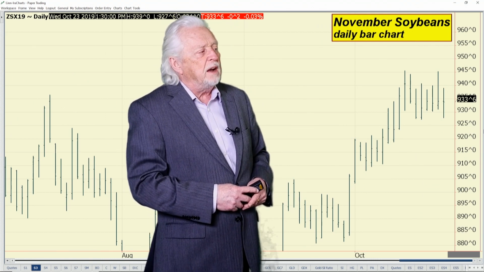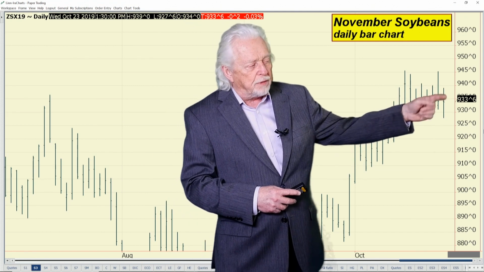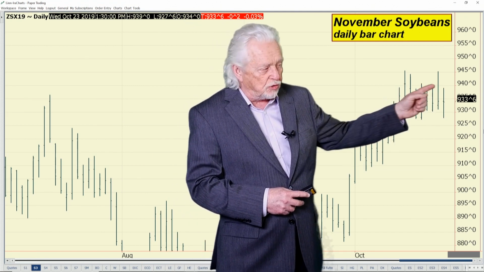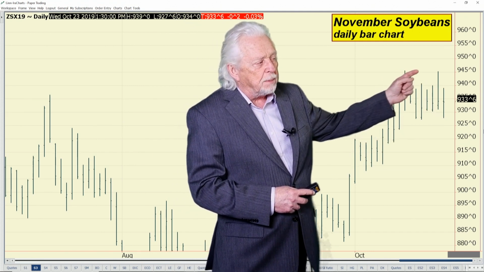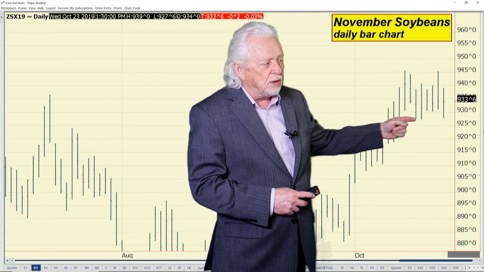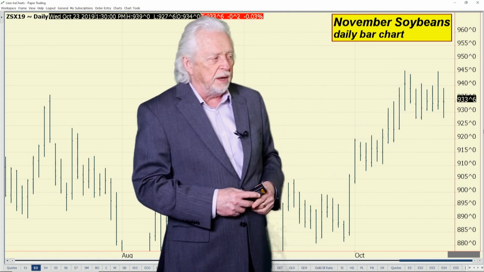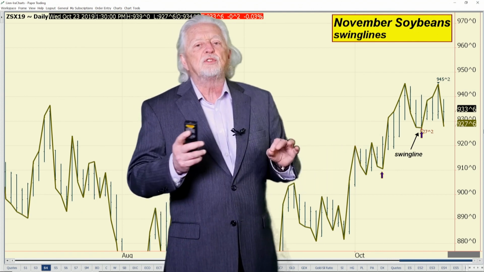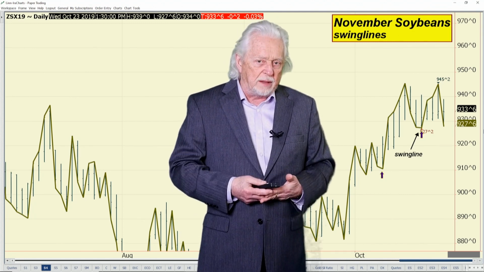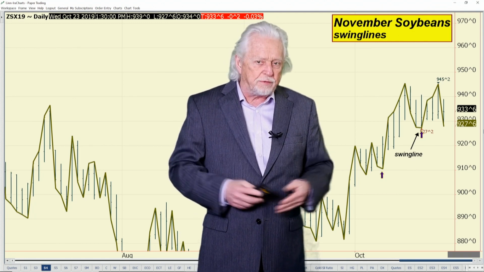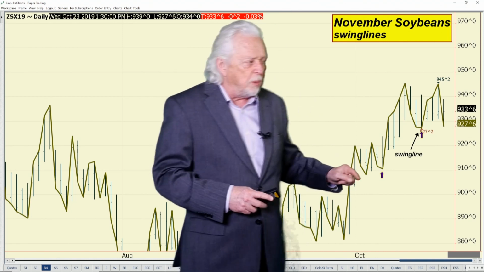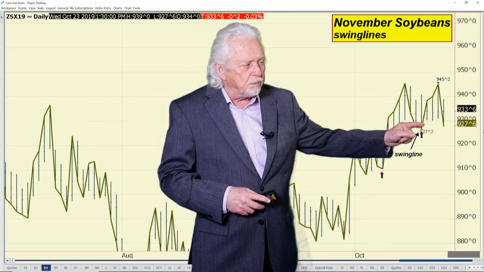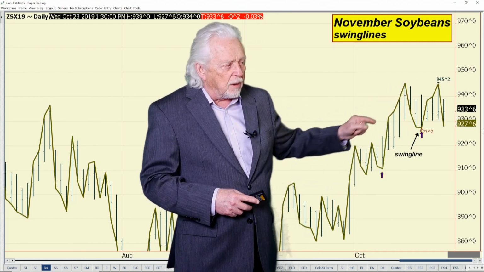When we look at a daily bar chart of just the action, not closes, you can see how you're caught between 945 down to this 926.27 area, just sort of hanging right there. When I put the swing line on, which is a study I wrote so that I could easily see if the market is trending according to my rules. My rule of trend is if you're in an uptrend, you have higher lows and with it higher highs.